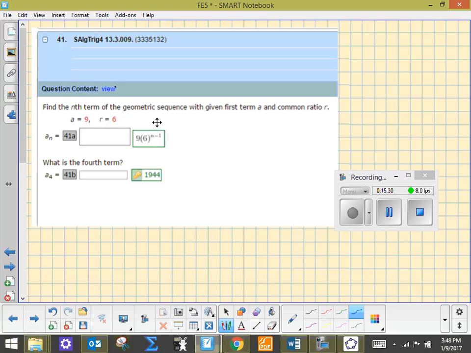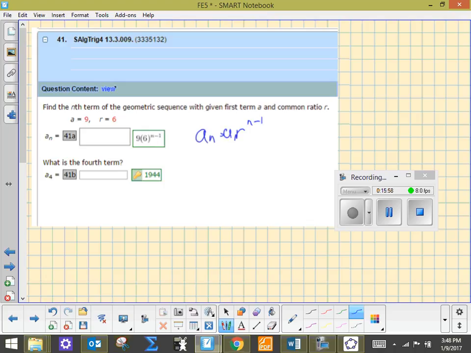So let's find the nth term in the geometric sequence with the given first term and the common ratio. Okay, so every time we see one of these, they should be in the form of a sub n is equal to a sub 1 times my common ratio to the n minus 1.